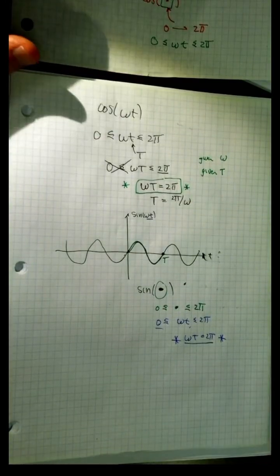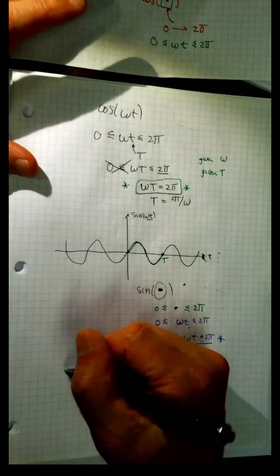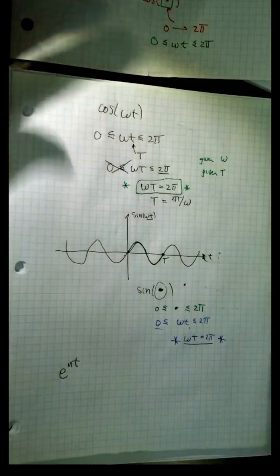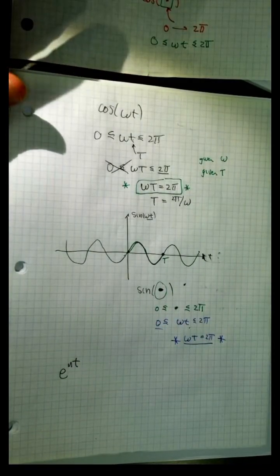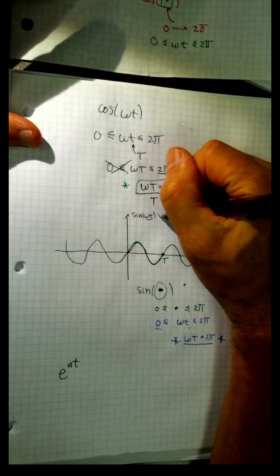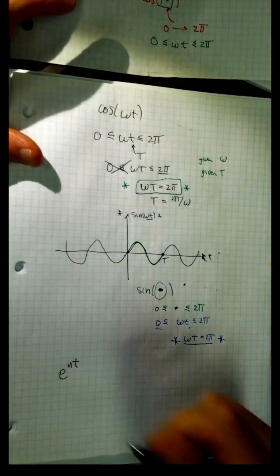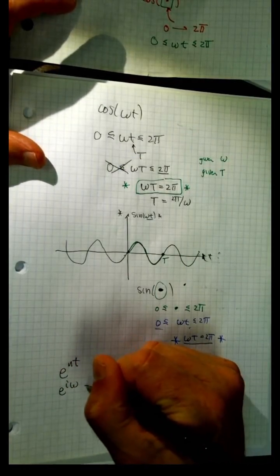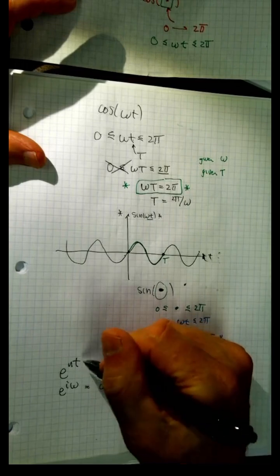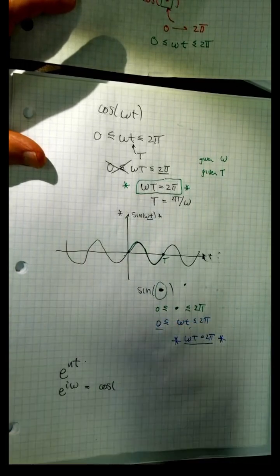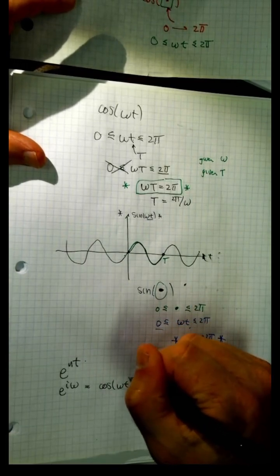And again, we started off talking about things like this, and it's not clear what this has to do with sines and cosines. But we're going to find out there are going to be situations where the n is a complex number.